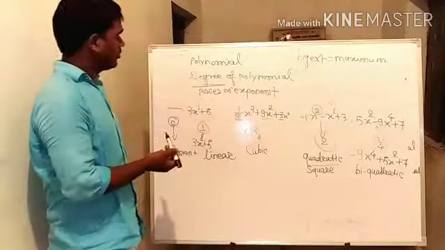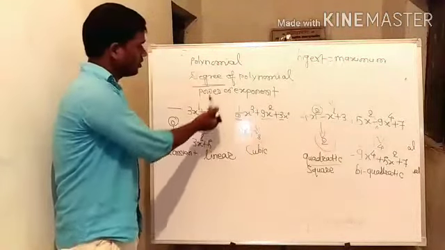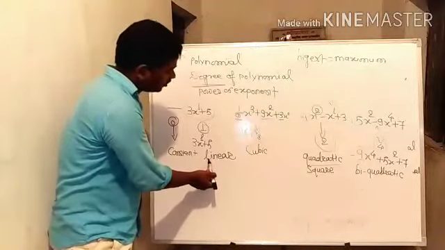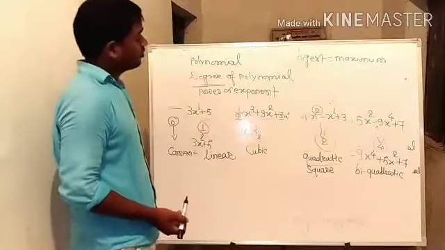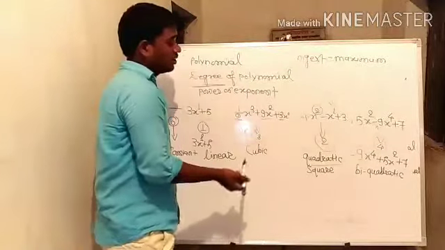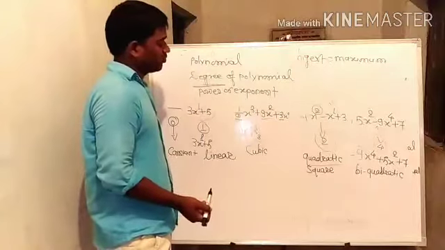When the degree of a polynomial is 0, this type of polynomial is constant polynomial. When the degree is 1, it is known as linear polynomial. When the degree is 2, it is known as quadratic or square polynomial.